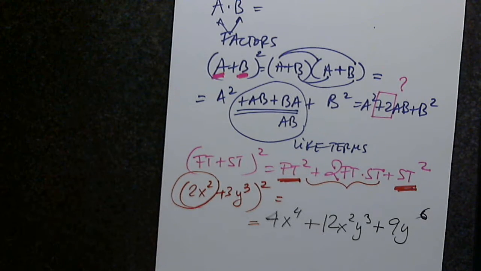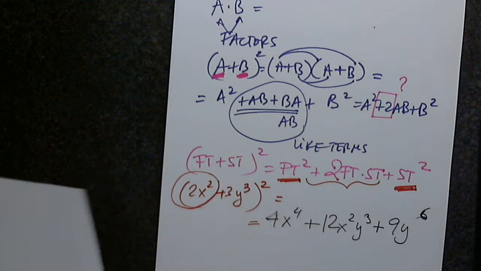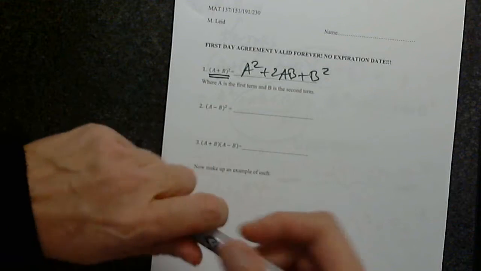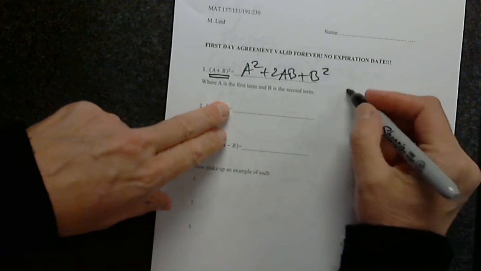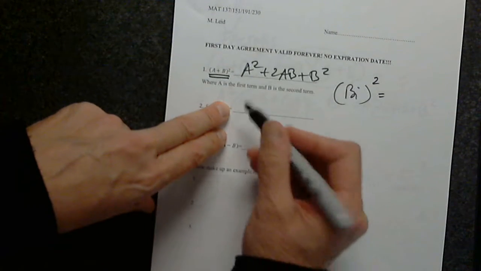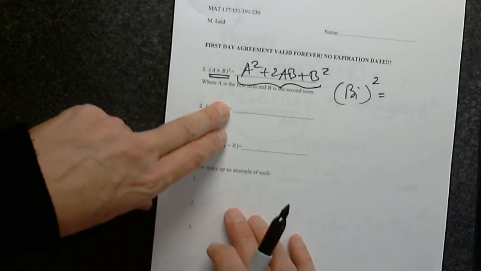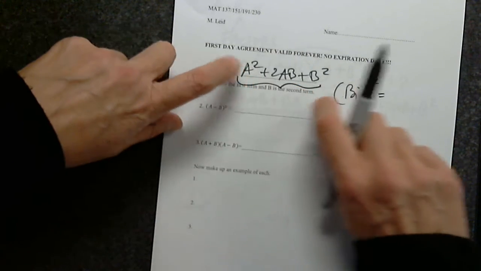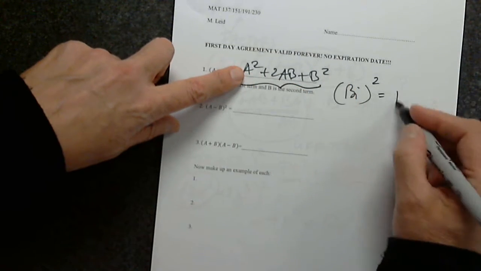Is everyone okay with this? Yes? Okay, perfect. So then what is the second one? So what do you conclude? That a binomial squared is, what is this? How do we call this? If we call this a binomial, how do we call this? Very good.